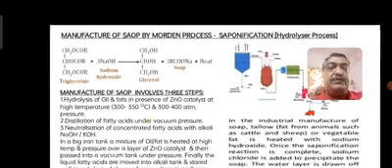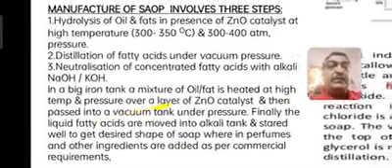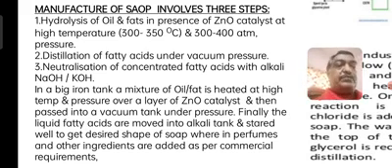The procedure is very simple. In a big iron tank, a mixture of oil and fat is heated at high temperature and pressure over a layer of zinc oxide porous catalyst, and then passed into a vacuum tank under a pressure of about 200 to 400 atmospheres.